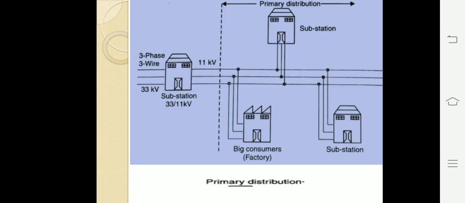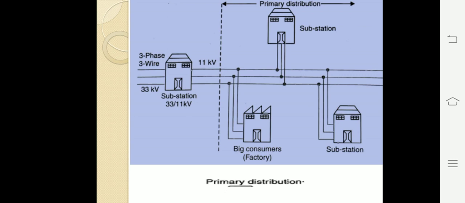Here the voltage is up to 11 kV. The diagram indicates a primary distribution system, where we are supplying the energy. This type of voltage is for big consumers, whoever is running industries or factories.